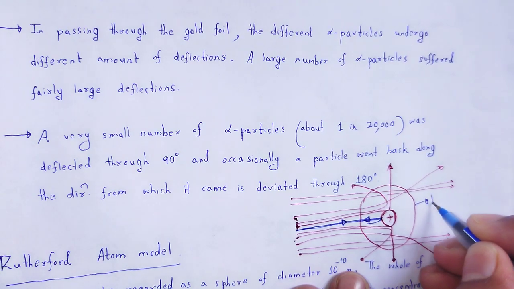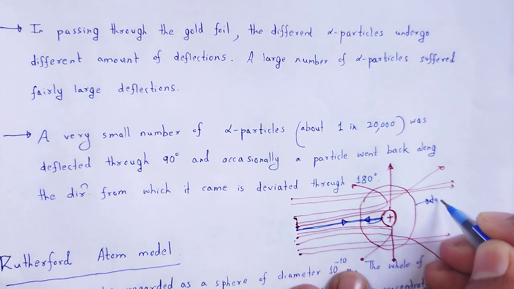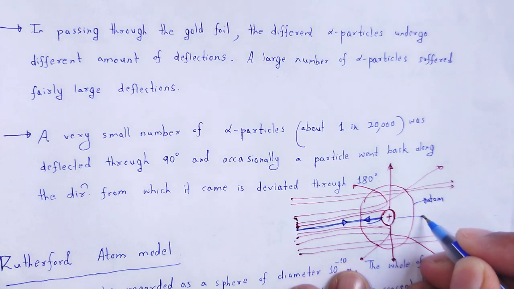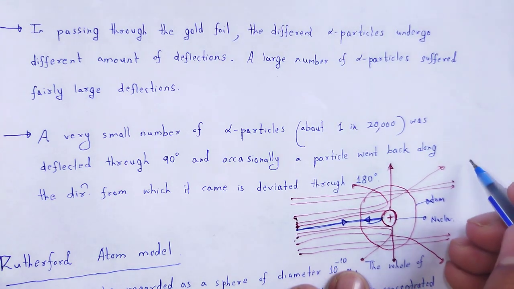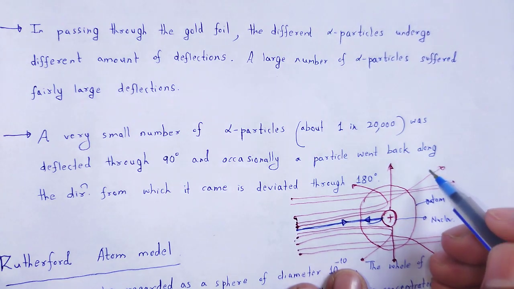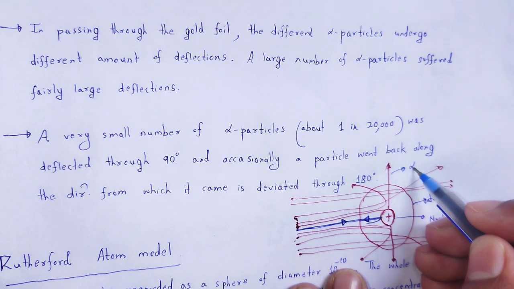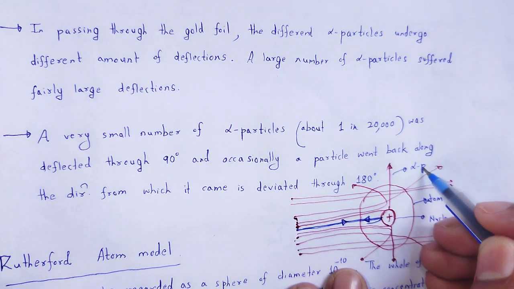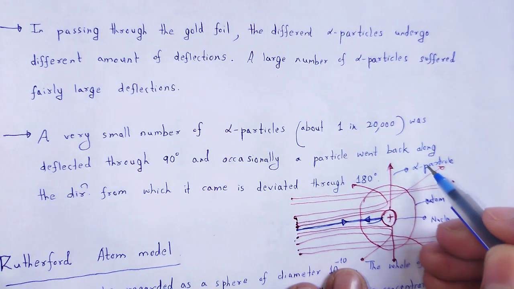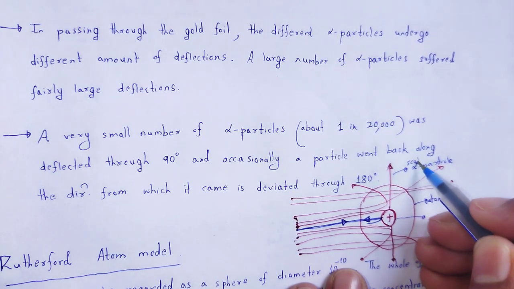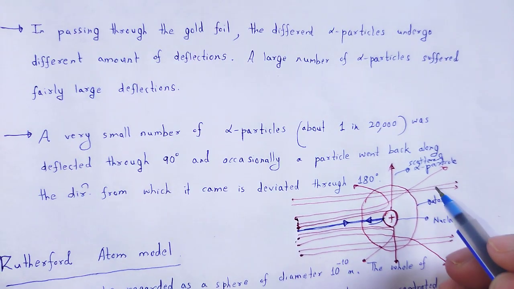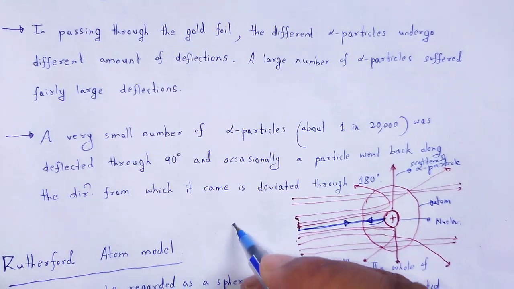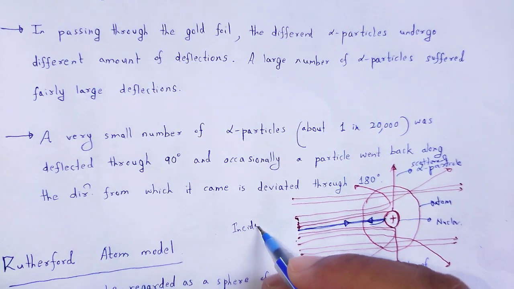This is the atom, that is the nucleus. These are alpha particles, that are the scattered alpha particles, and these are the incident alpha particles.